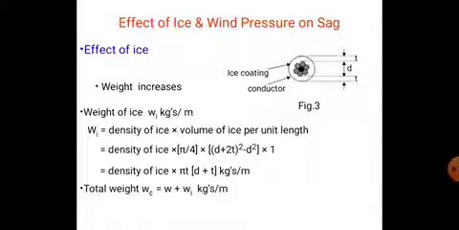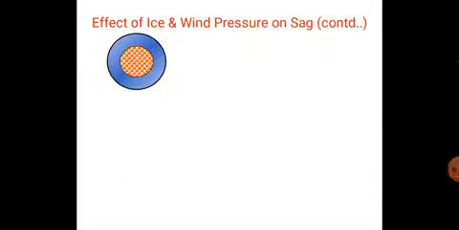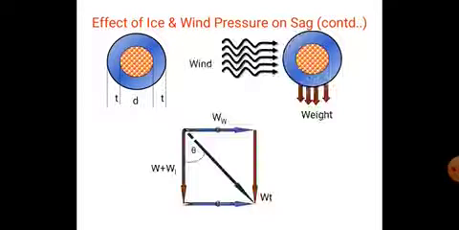And the weight of this conductor, that is Wc, the weight of the conductor, is volume of conductor per meter cube into density of conductor material. And the weight of the wind is always in horizontal position, and that is Ww is equal to wind pressure into projected area.